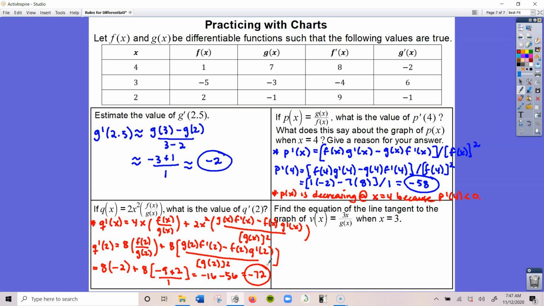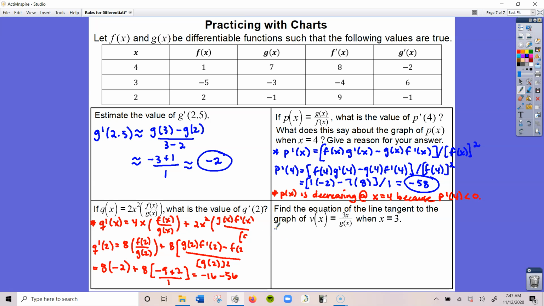Last question here. Find the equation of the line tangent to the graph of v of x, if v of x is equal to 3x over g of x, when x is equal to 3. So I'm just going to erase this little bit here so I have a little bit more space to write. Okay.